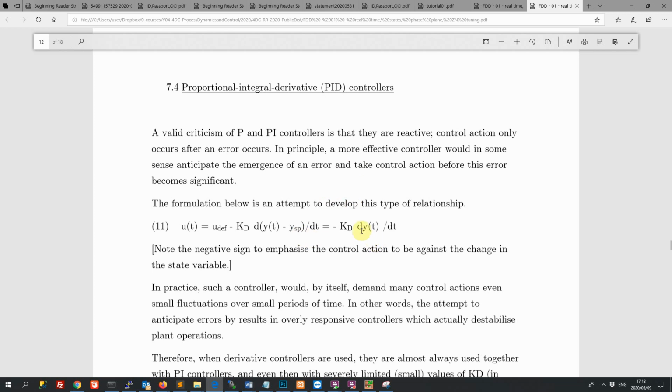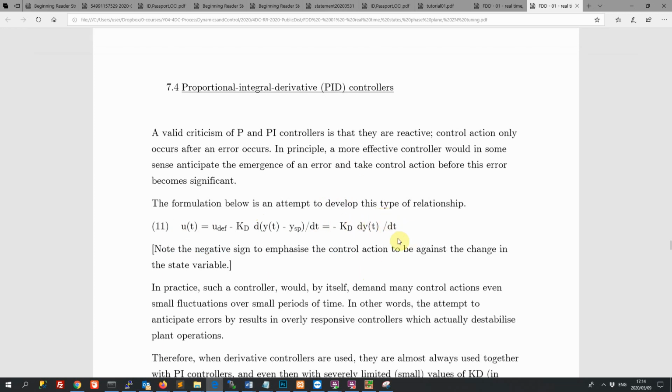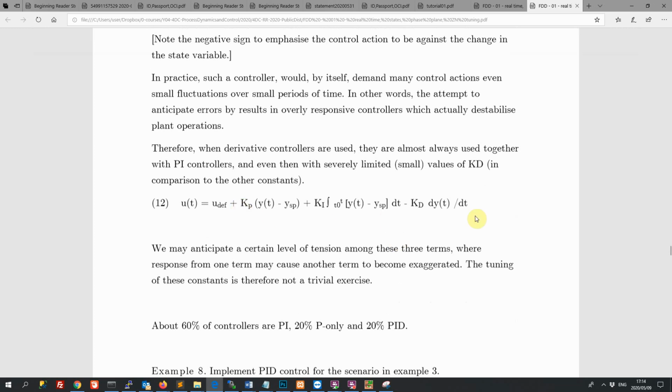And hence, we can think about applying our control action based on the rate of change of the error. And of course, if the error has that relationship, then this is going to be how we can relate the control action to the rate of change of the state variable. So we can add the so-called derivative action.